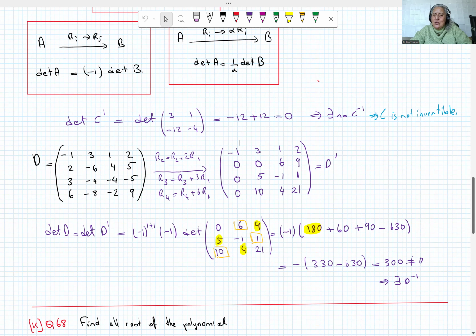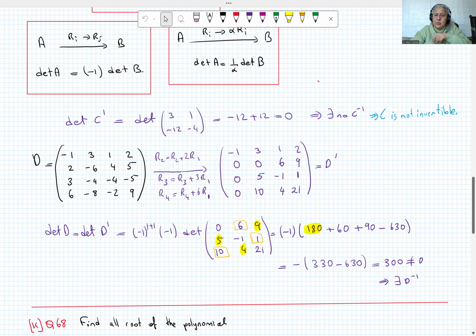But the determinant will be, again, the recursive formula. I am going to use, focusing on the first column. So this is -1, so that's -1. The entry is there. And then the position of that entry, the first row, first column, this is why I have -1 to the power 1 plus 1, first row, first column.